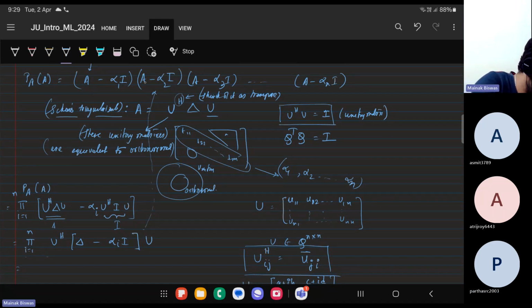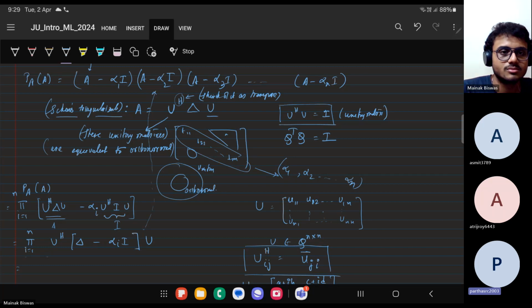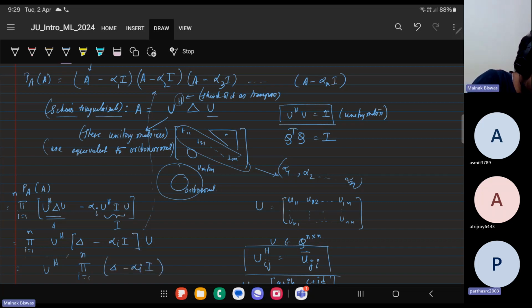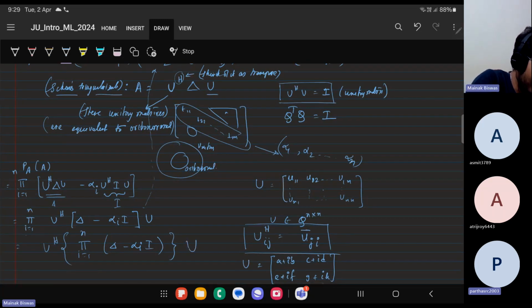A minus lambda I can be written as U Hermitian, triangle matrix minus lambda alpha I, into U. So this will be U Hermitian into that triangle minus alpha I, whole product, because alpha are different.